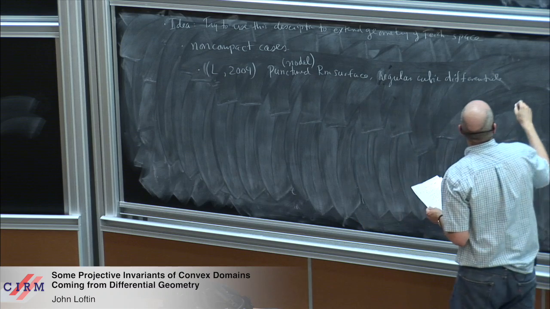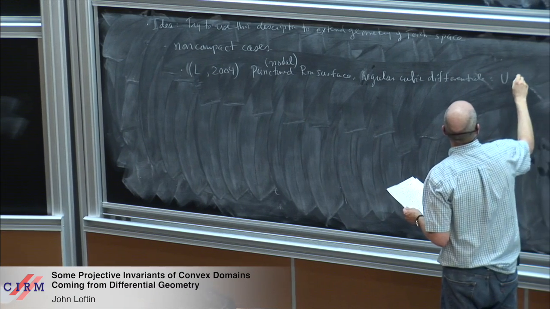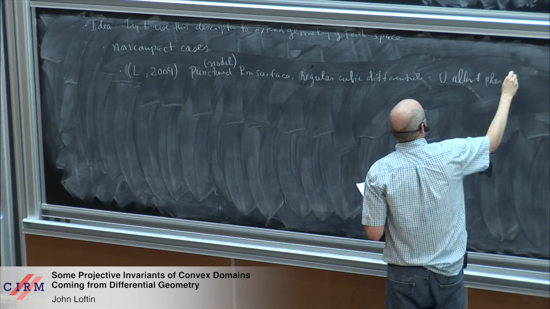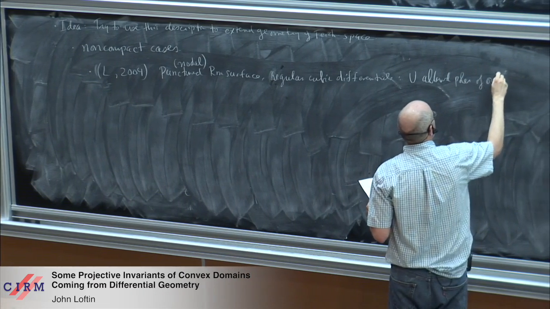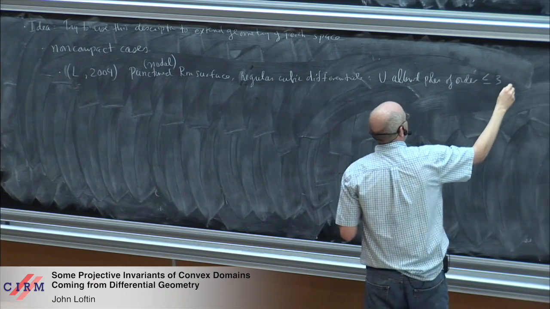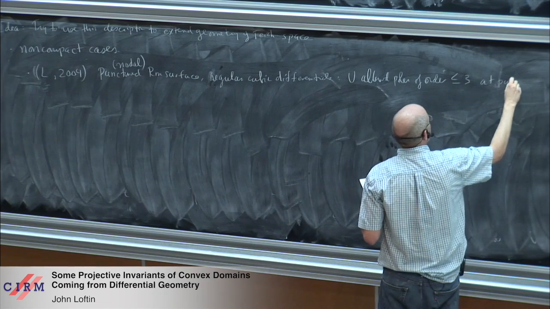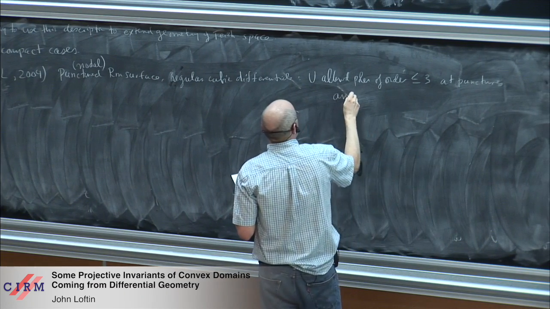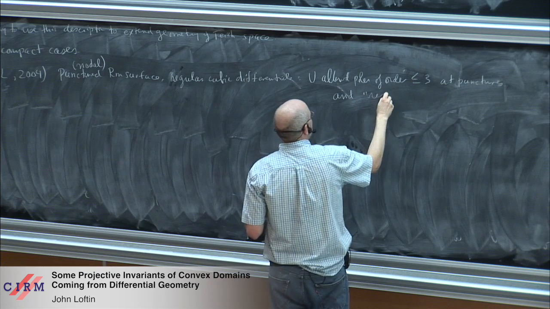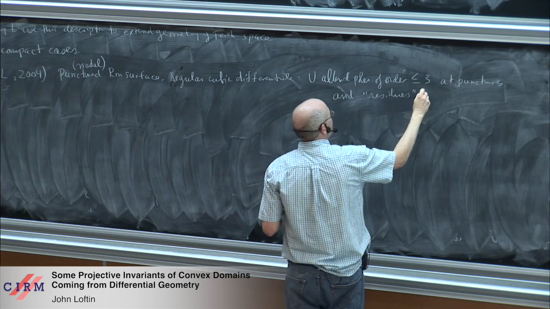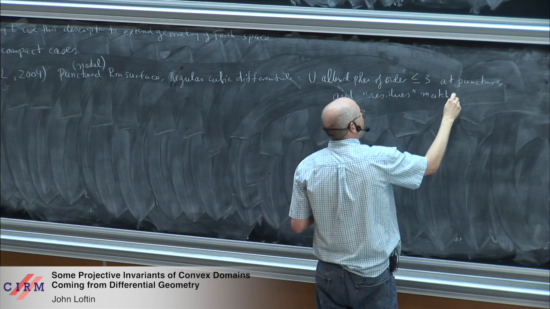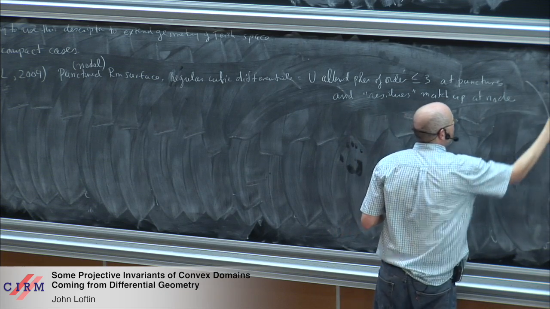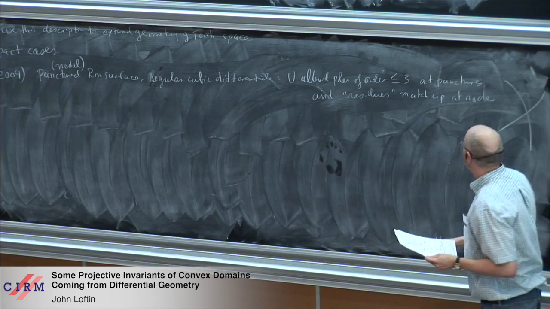And so U is allowed poles of order less than or equal to 3 at the punctures. And I guess there are some residues that match up at the two sheets of the node. So this is the way algebraic geometers write this.